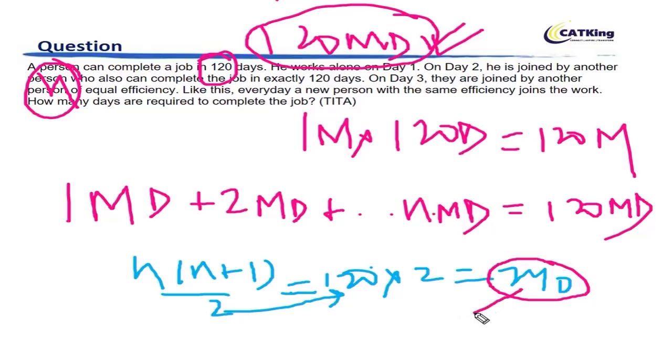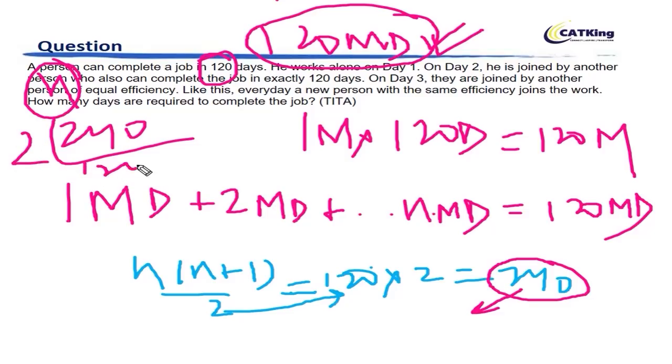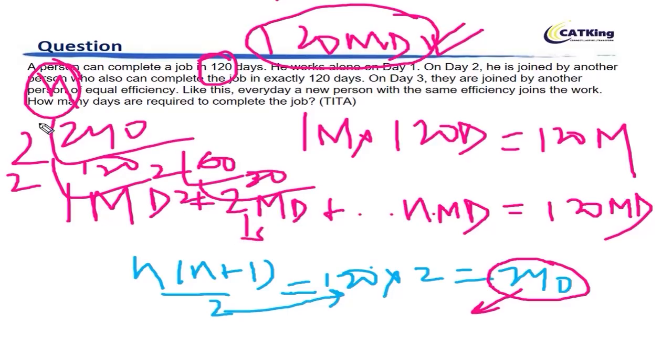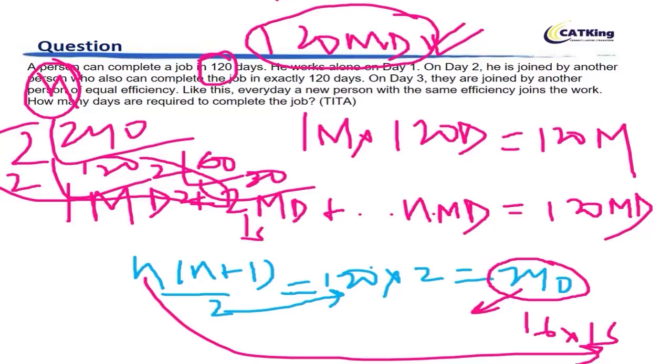So if you factorize 240, this is 2 times 120, then 2 times it is 60, then 2 times it is 30, then 2 times it is 15. So 2 into 2 into 2 into 2 is 16, so basically it is 16 into 15. So n is equal to 15, right?